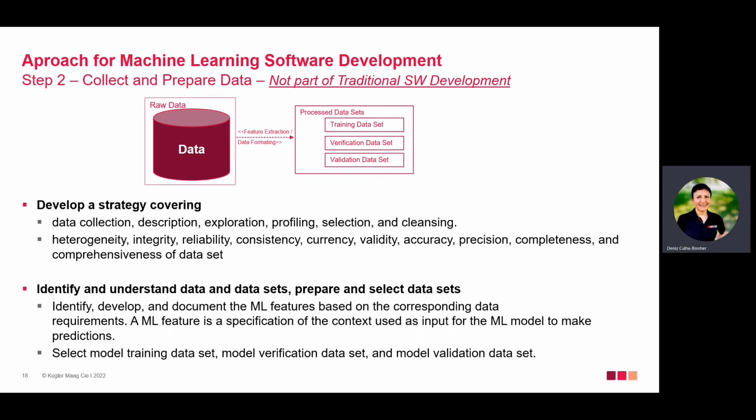Because, as we're going to talk about in the later steps, we have to use the data to train. There is also data used for verification, which checks to see if the trained algorithm is now correctly predicting on new data.